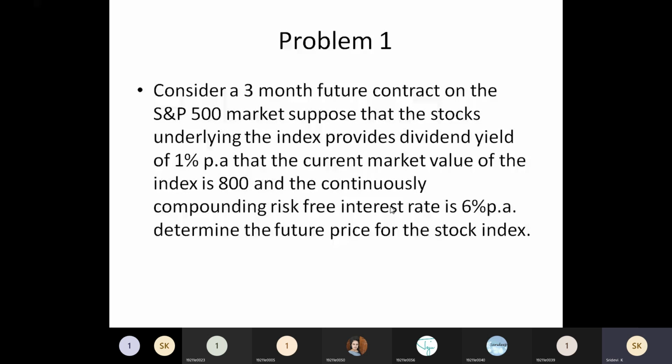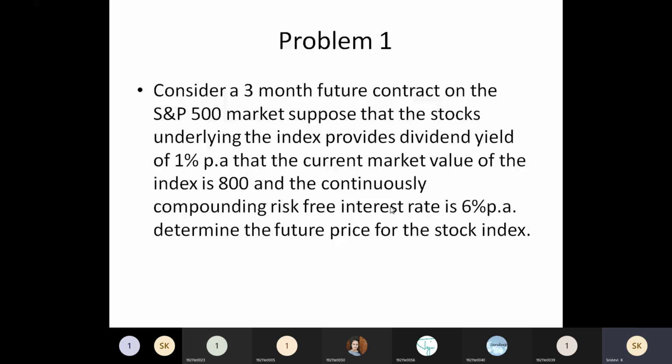So which formula do we have to use? First formula or second formula? The second one, ma'am, because here the dividend yield is given, 1% per annum.